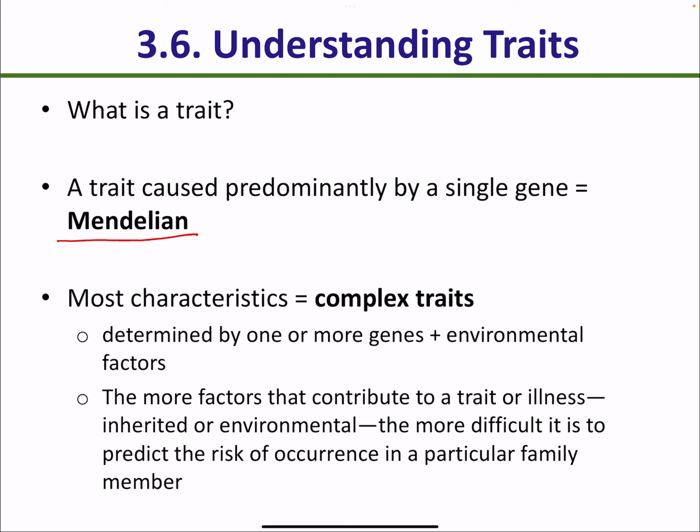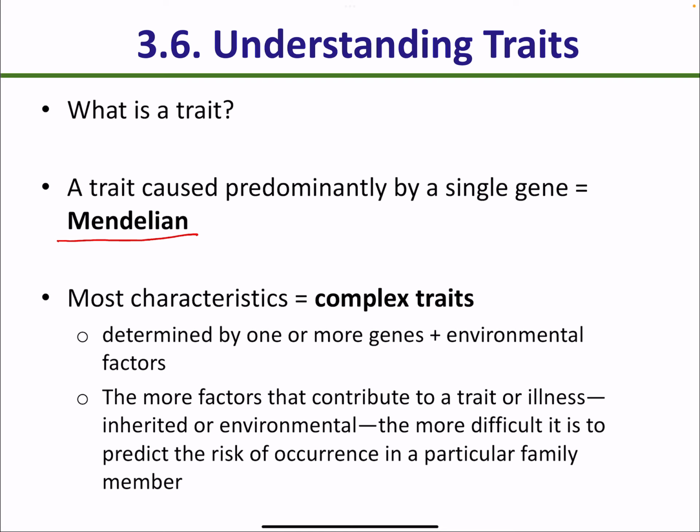However, most characteristics in our body are going to be complex traits. But why do we call them complex traits? We call them complex traits because they are controlled either by more than one gene or by more than one gene and environmental factors.